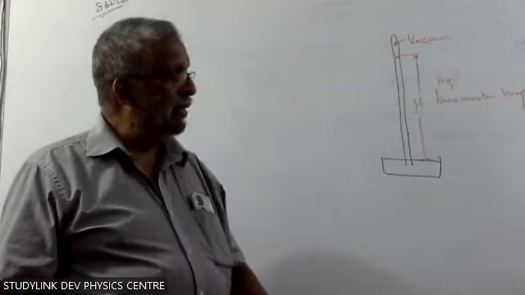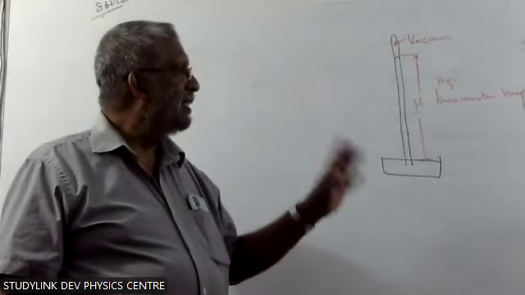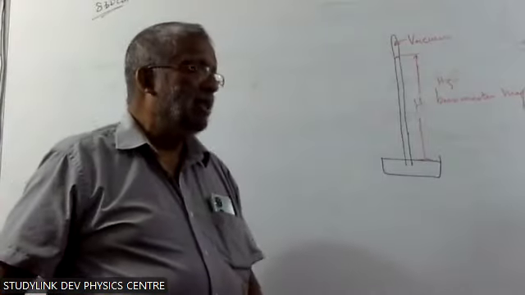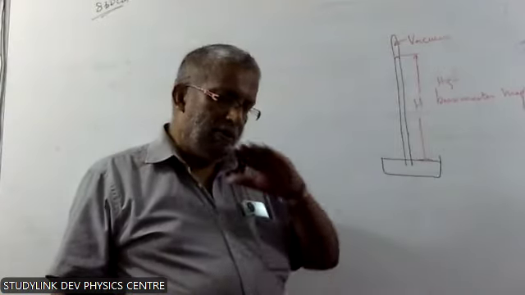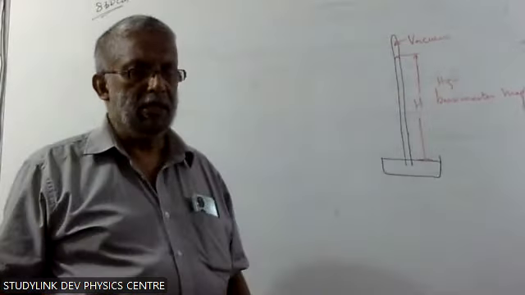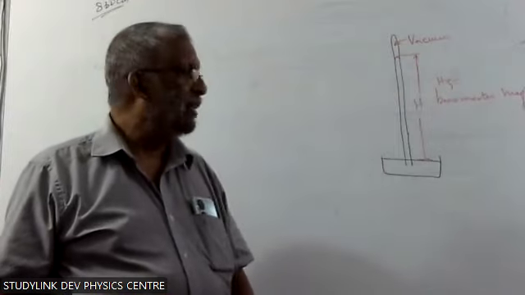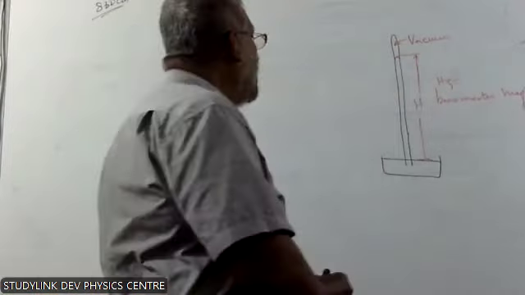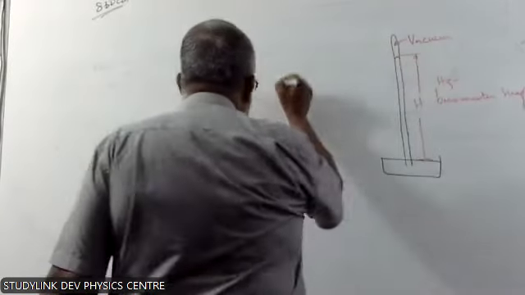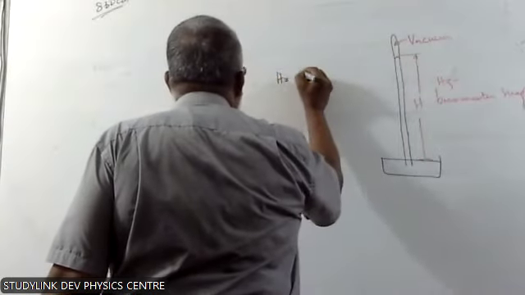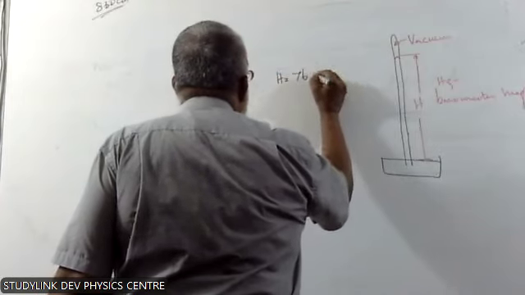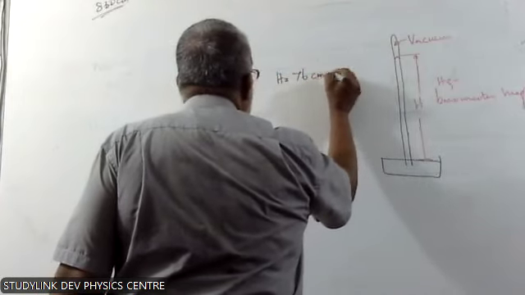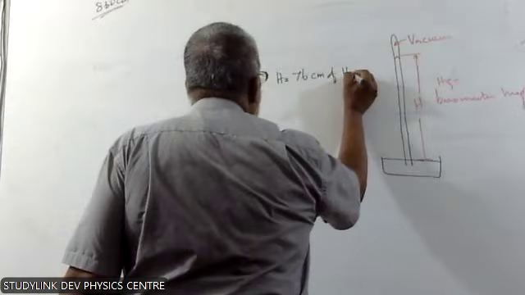So when you go up country, the height reduces, and therefore the atmospheric pressure reduces. But normally we consider the barometer's normal height H equal to 76 centimeters of mercury, or Hg.